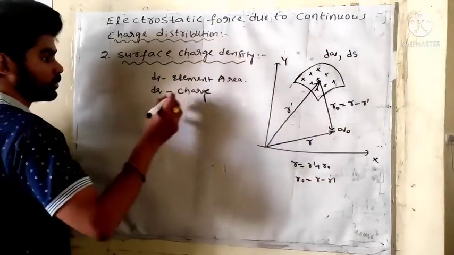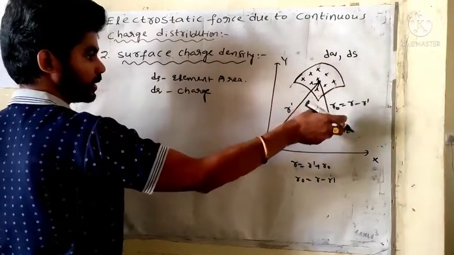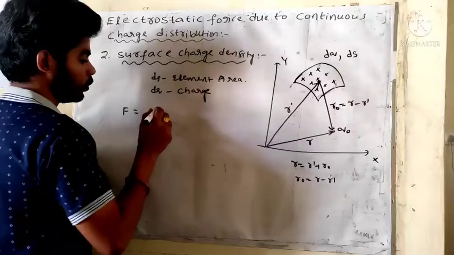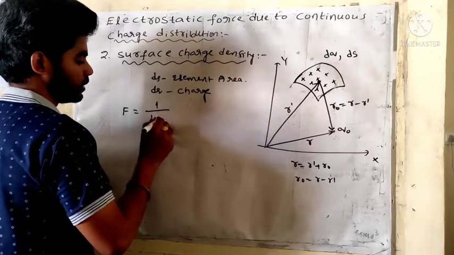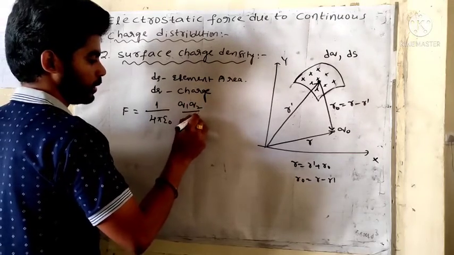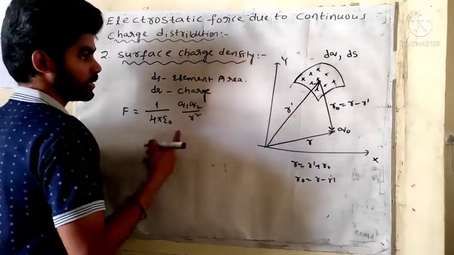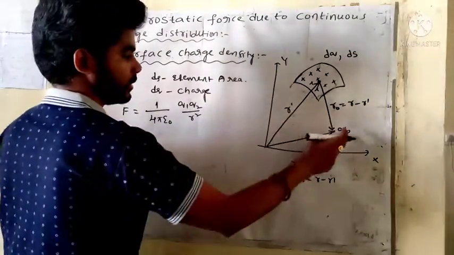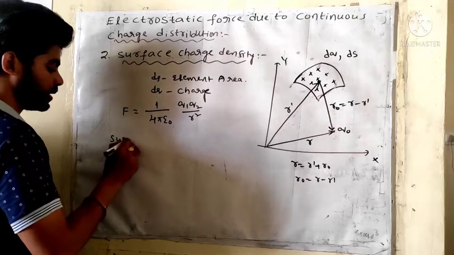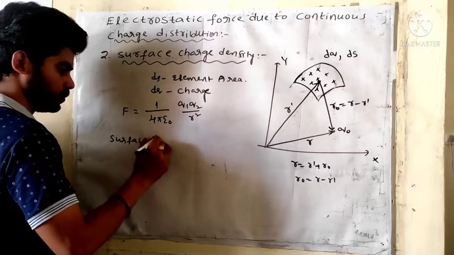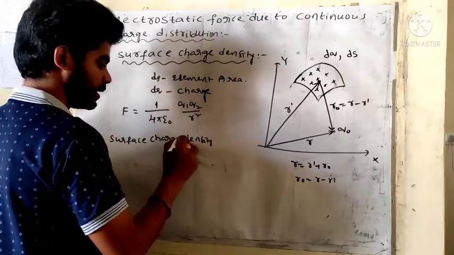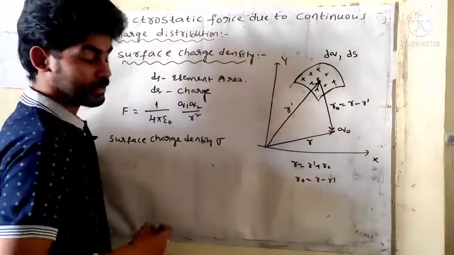Again, we can calculate over this total plane charge. The force applied on the q naught charge, that force F, according to Coulomb's law, is F equal to 1 by 4 pi epsilon naught q1 q2 by r square, the general formula. This formula applies in this situation, with q1 and q2 the charges. Surface charge density is denoted by sigma.